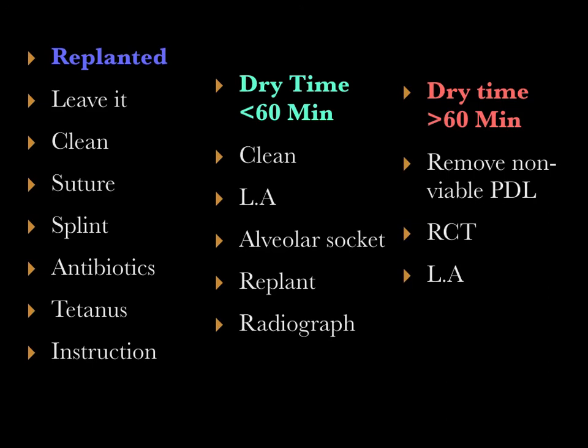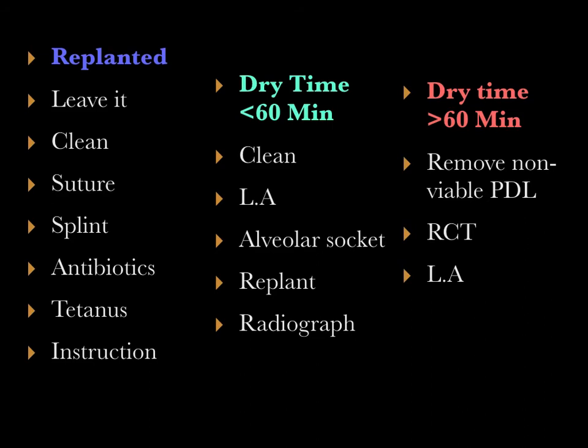The alveolar socket is an important aspect in avulsion trauma. You want to make sure that it's clean, not dirty. And if there is a coagulum that prevents replantation of the tooth, it has to be removed by gentle irrigation using saline. Now, pulpectomy and root canal treatment are more probable.